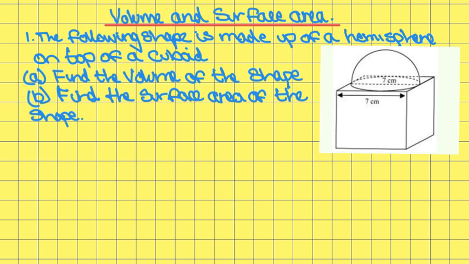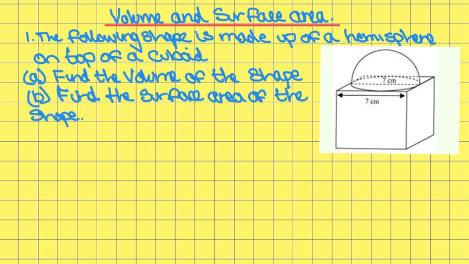Let's go through a question. The following shape is made up of a hemisphere, which is half a sphere, on top of a cuboid. If you look at the cuboid, it has sides measuring 7 centimeters, so you can work out the diameter of the hemisphere.